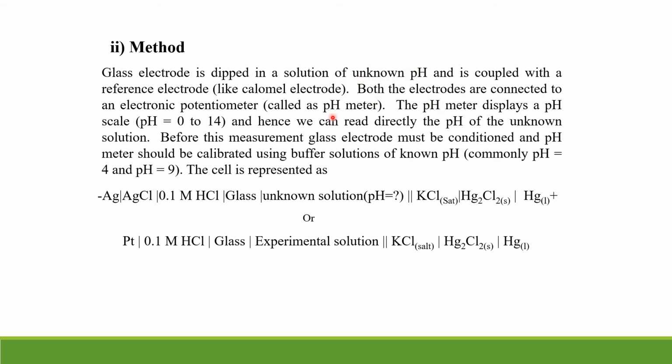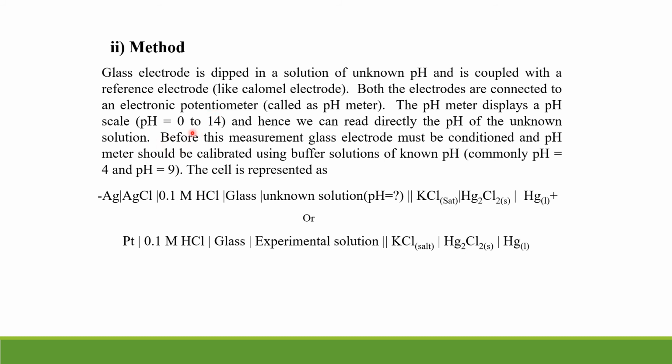Both these electrodes are connected to an electronic potentiometer or pH meter. The pH meter displays a pH scale from 0 to 14, and hence we can directly read the pH of the unknown solution. That means if we are using a pH meter, or there is also a facility in the potentiometer, with the help of that also you can measure the pH.